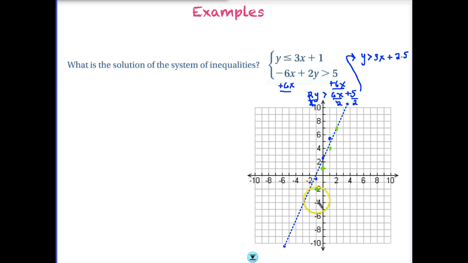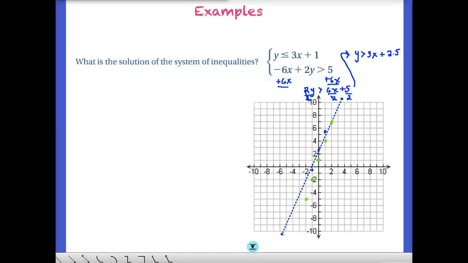So I'm going to do another one, 1, 2, 3 over 1, just to make sure. On this one, it looks like we need a solid line because our inequality is a less than or equal to. Remember, anytime it's an or equal to, that implies that the points on the line are part of the solution set.